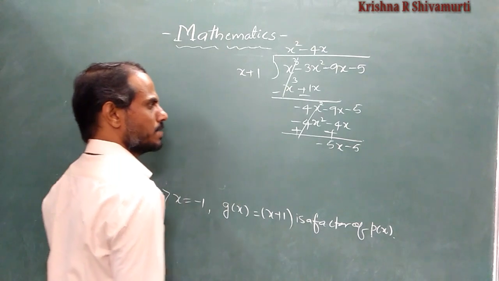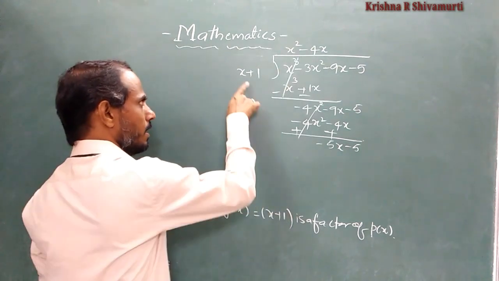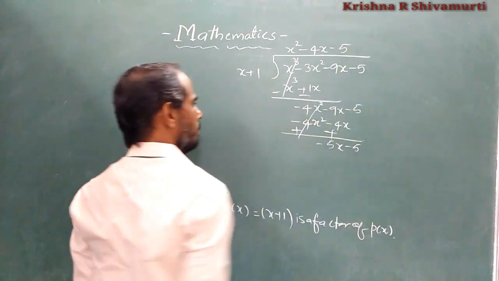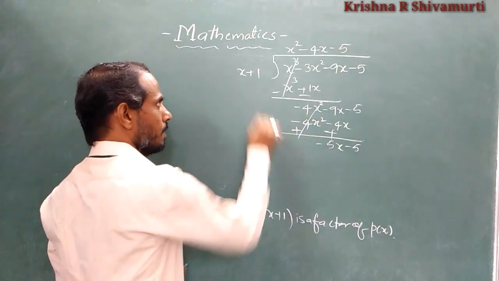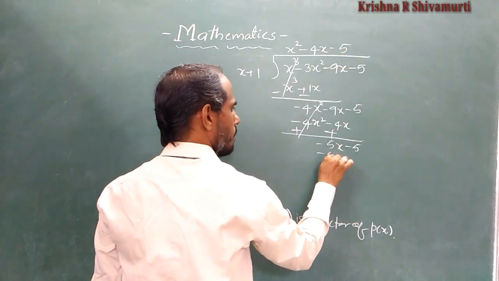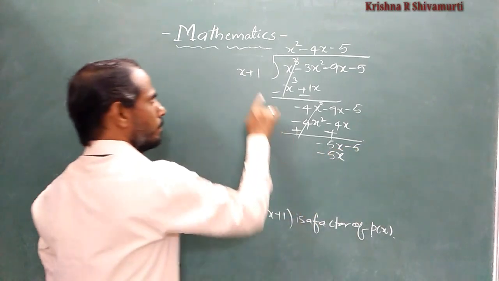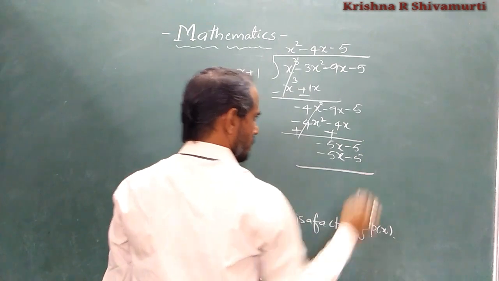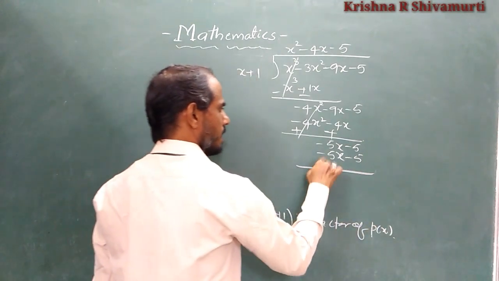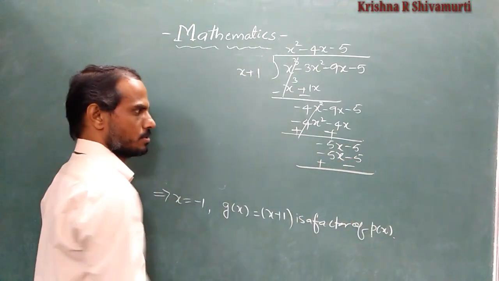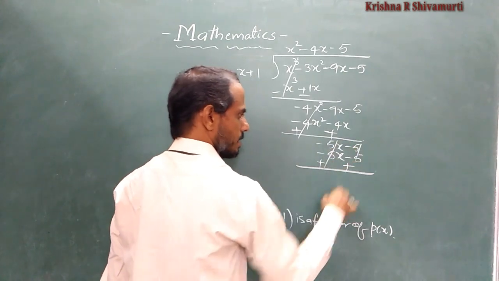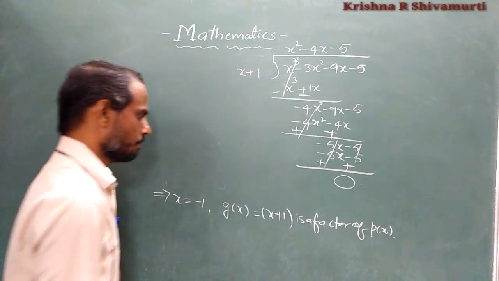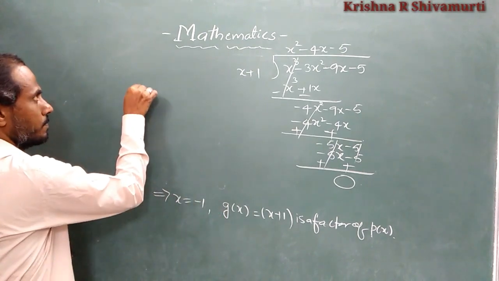And the last term is minus 5, keep as it is. Next, x times what? Minus 5 you have to multiply. x into minus 5 is minus 5x. Plus 1 into minus 5 is minus 5. Change the sign, cancel. What is this? 0.